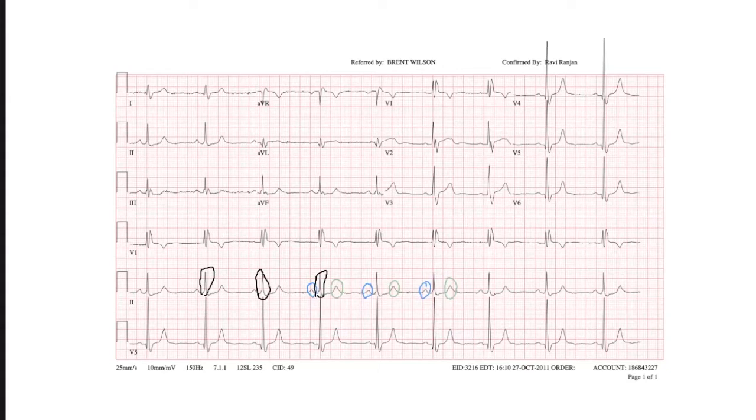Okay, what looks fundamentally different shape-wise? If you look at lead 1, the QRS looks normal. It's the T, there's an inverted T. What else is different?